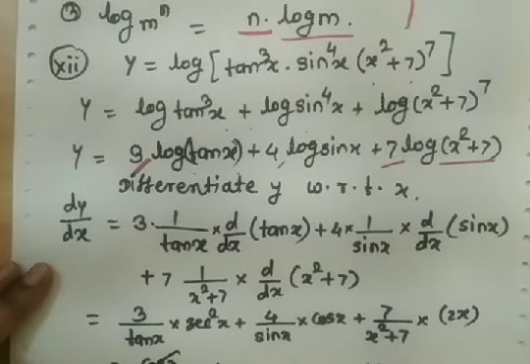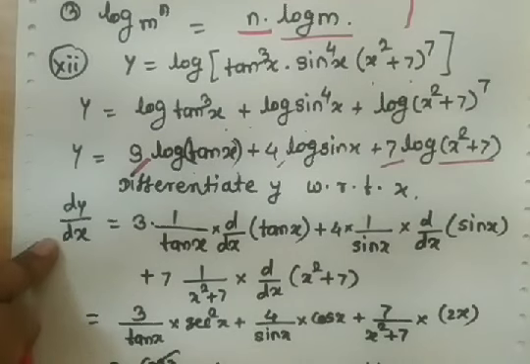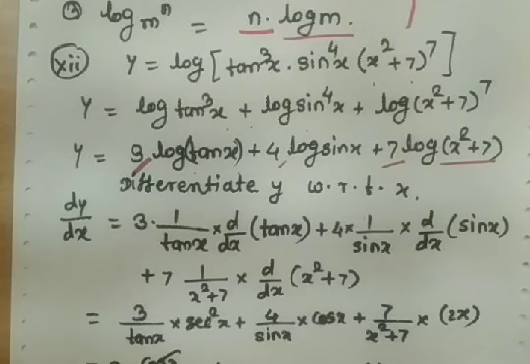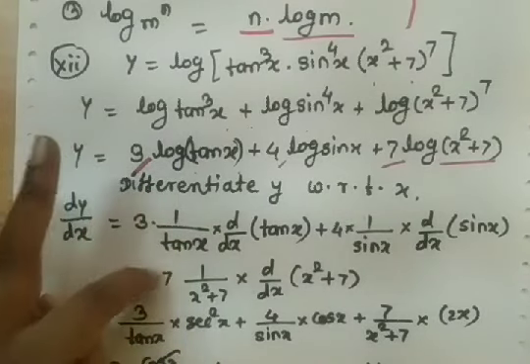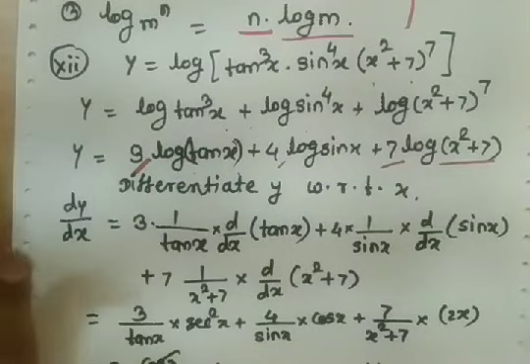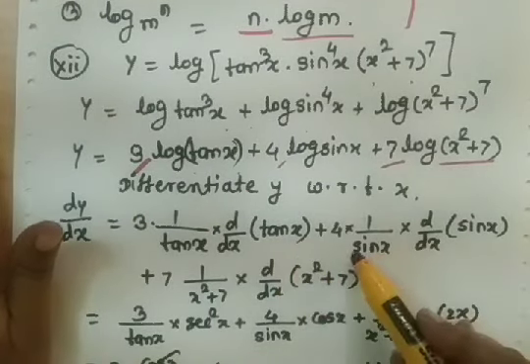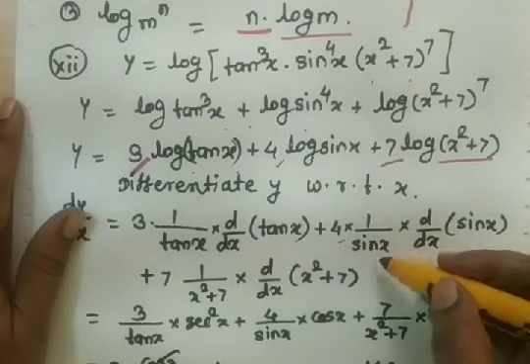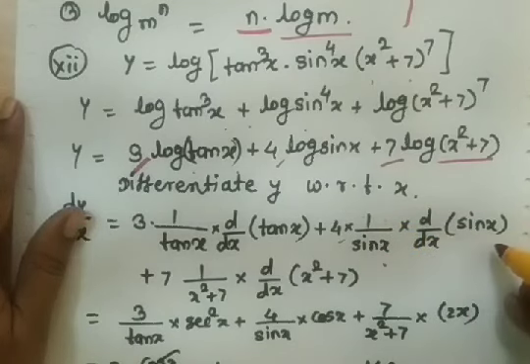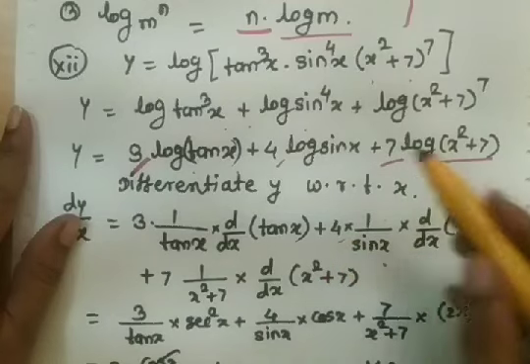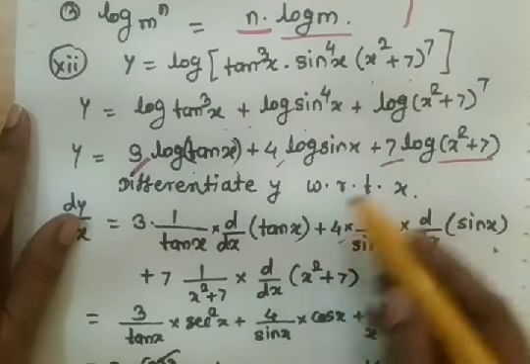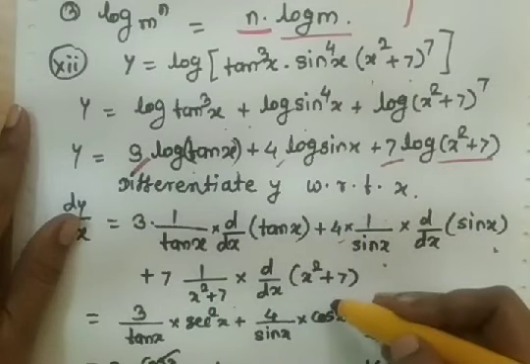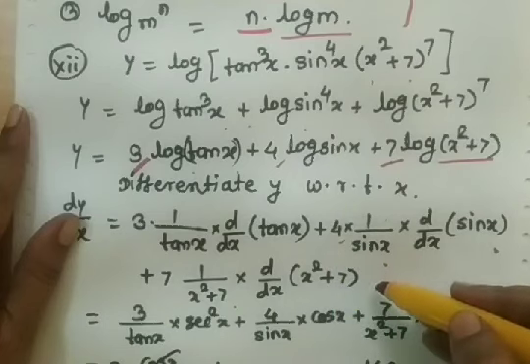We get dy by dx is equal to 3, keep as it is, times the derivative of log of tan x, that is 1 upon tan x, multiplied with the derivative of the inside function tan x, plus the second term 4, keep as it is, times the derivative of log of sin x, which is 1 upon sin x multiplied with the derivative of sin x, plus 7, a constant, kept as it is, times the derivative of log of x square plus 1, that is 1 upon x square plus 1, multiplied with the derivative of x square plus 1.